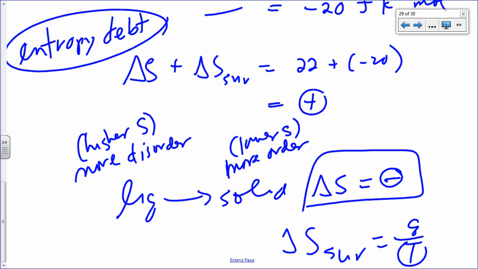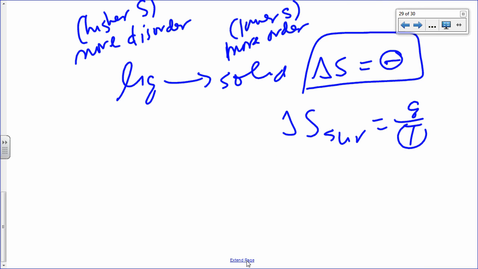You need to compensate that with, so if something freezes, it releases heat to the surroundings. So freezing would cause the entropy of the surroundings to increase. So you would expect, okay, delta S surroundings, we expect this to be positive, okay? But how positive is it? It depends on what your temperature is.